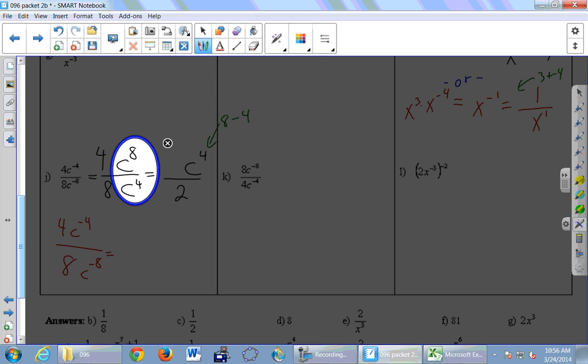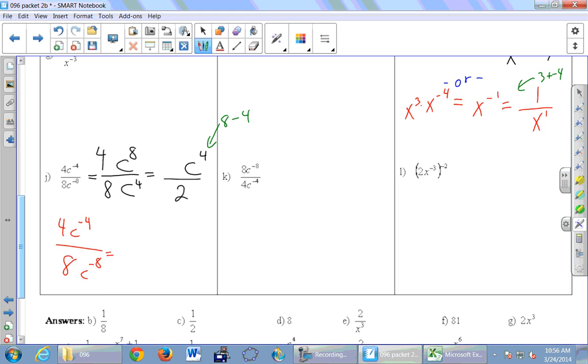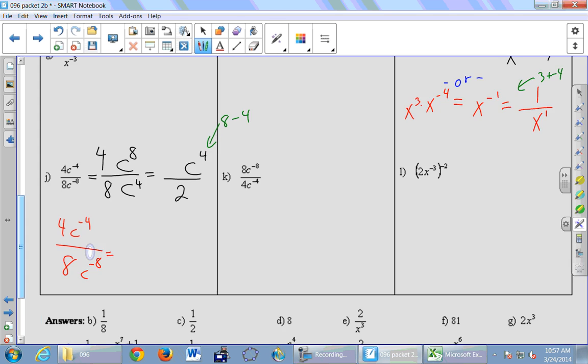What do we do with the exponents? Subtract them. Okay, now focus on this thing. It's no different, right? It's exactly the same pattern. So what do you do with the exponents? Subtract them. Okay, let's subtract them. It's a little bit more frightening because there's negatives involved, but it's the same rule.